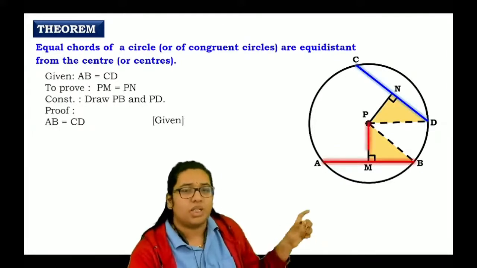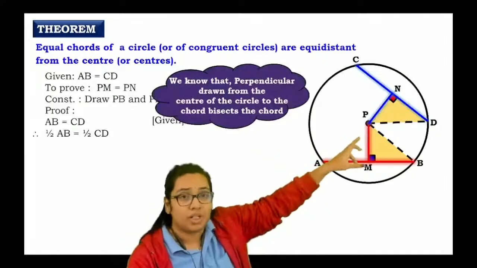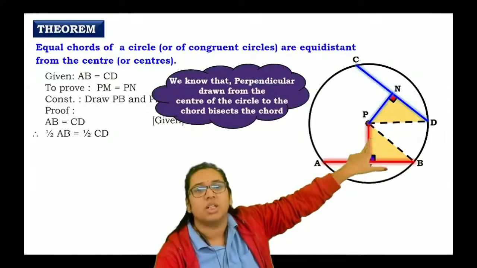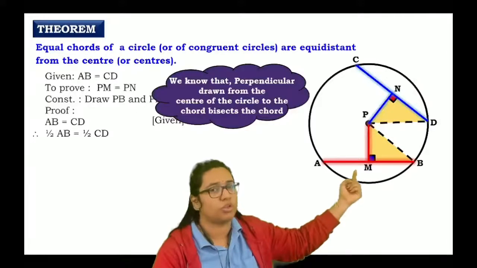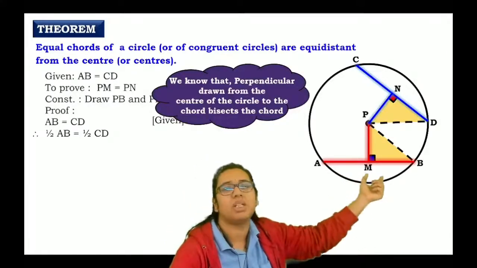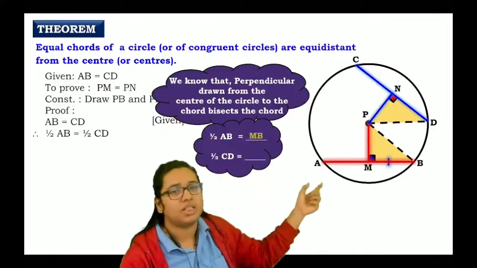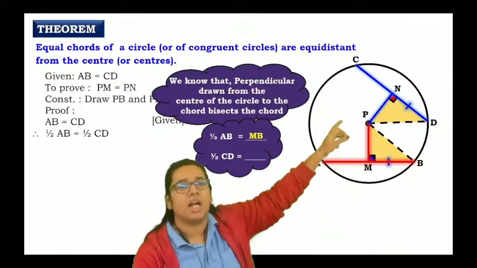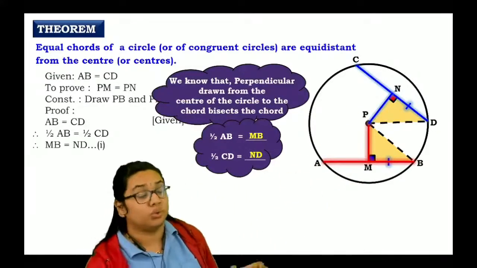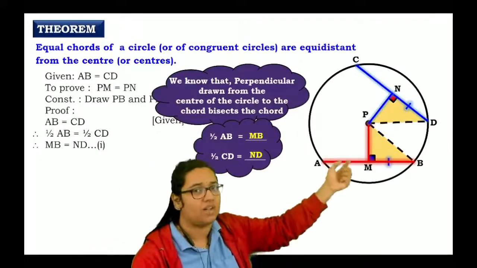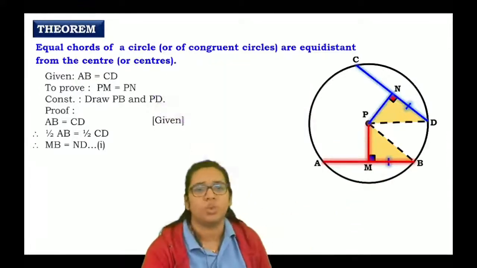We know that AB equals CD; it is the given case. We know that the perpendicular drawn from the center of the circle to a chord bisects the chord. It means that because of M, AM is the same as BM, right? So half of AB is MB and half of CD is ND. The side in our two corresponding triangles is therefore MB equals ND.